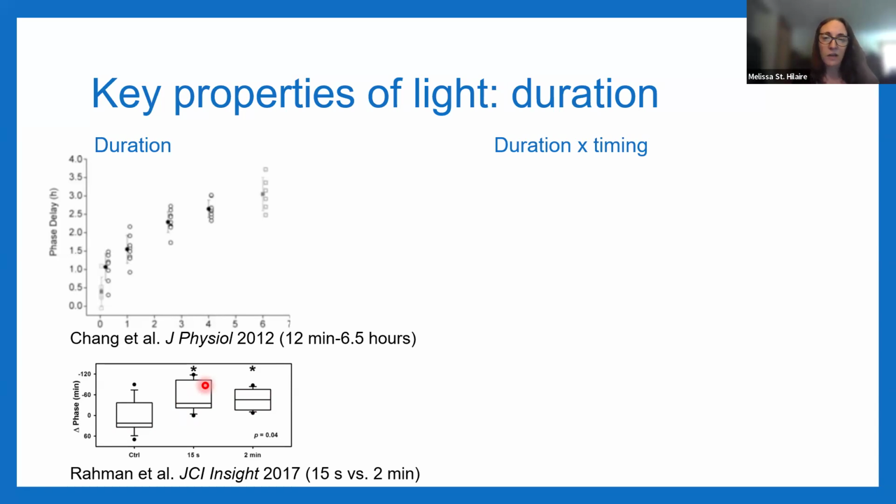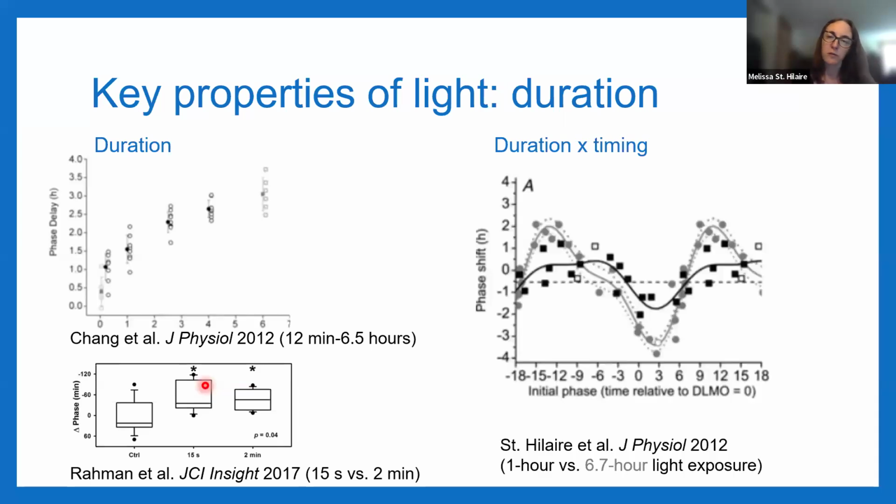Something else that we also started looking at was combinations of different properties. So if we look at the duration relative to timing, we can construct phase response curves that use different durations of exposure. So this is just one example of a set of phase response curves that I published in 2012.